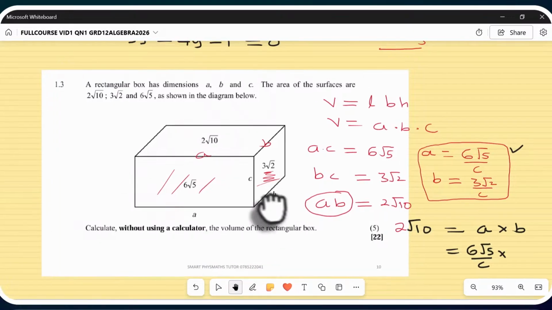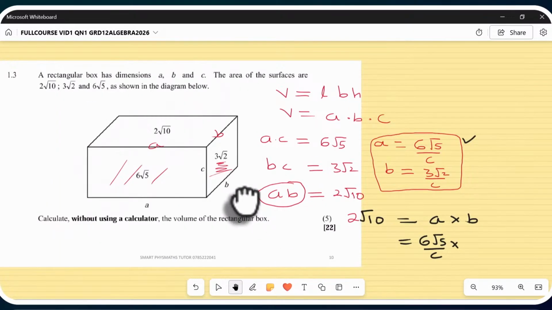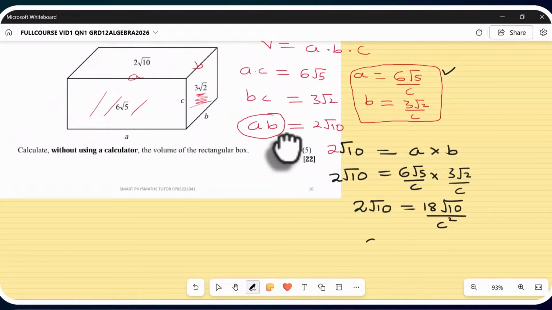So from here, if I cross multiply, my C squared equals 18 root 10, divided by, multiplied by C now.